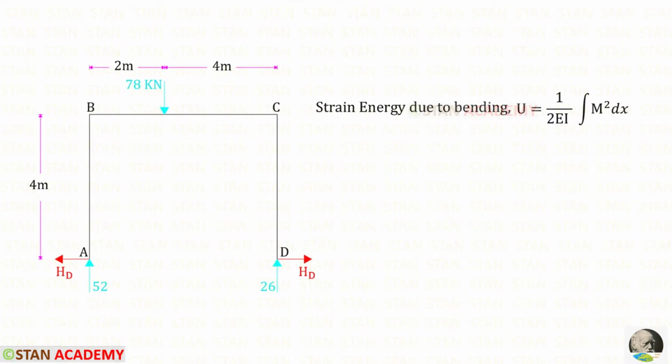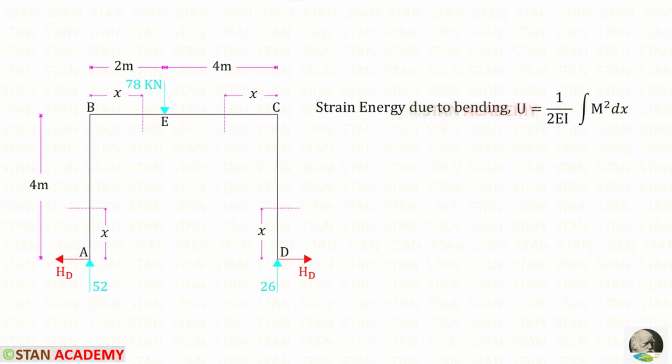In this frame, we have to make sections. Let us keep this point as E. There are 4 different parts: AB, BE, EC and CD. So we have to make 4 sections, one in AB, one in BE, one in EC and one in CD.